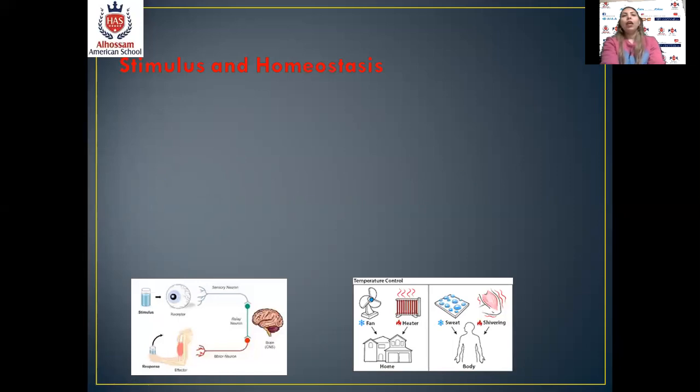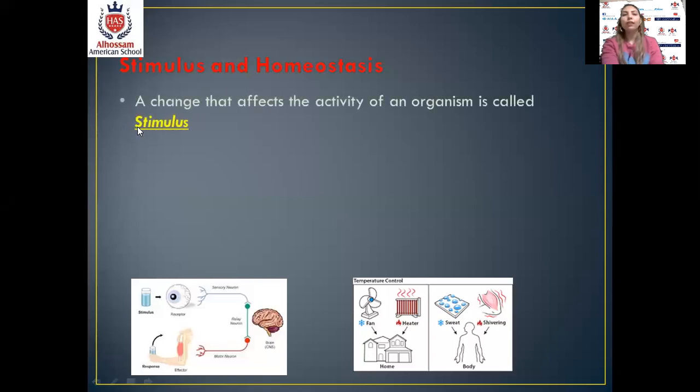Okay. And we said that any organism or living thing has specific characteristics to differentiate between living things and non-living things. So number 1, stimulus and homeostasis. So what's the difference between both of them? As we said, stimulus means a change that affects the activity of an organism.